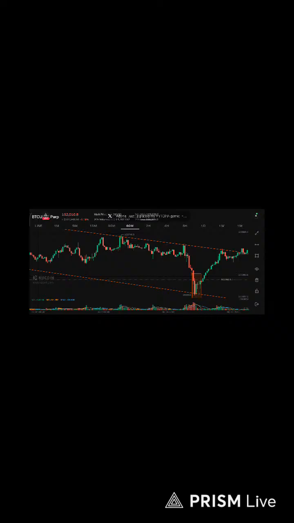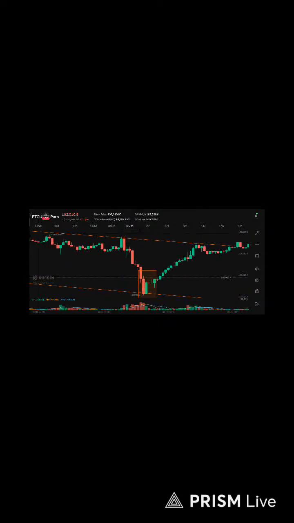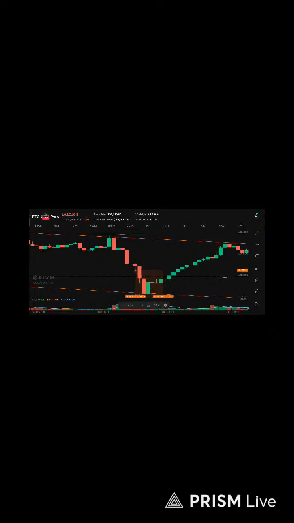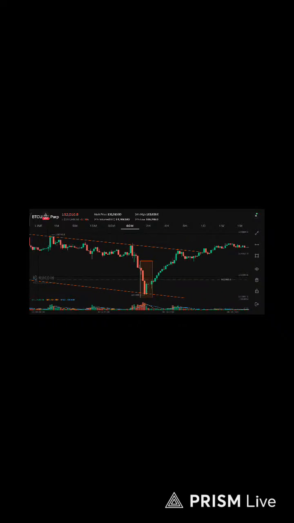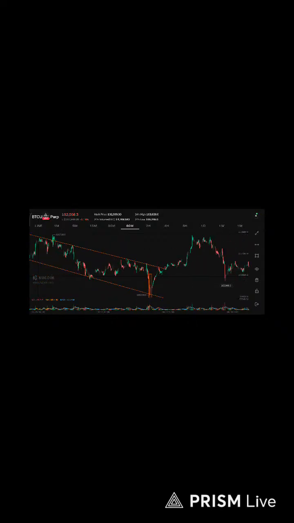So from here, this would have given you a motive that the buyers are going to take over the market. Now, at the bottom of this resistance support zone, we see that after the bullish HARAMI candle formed, guess what happened to the market?